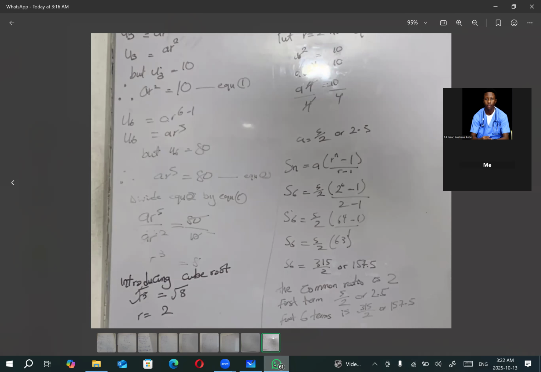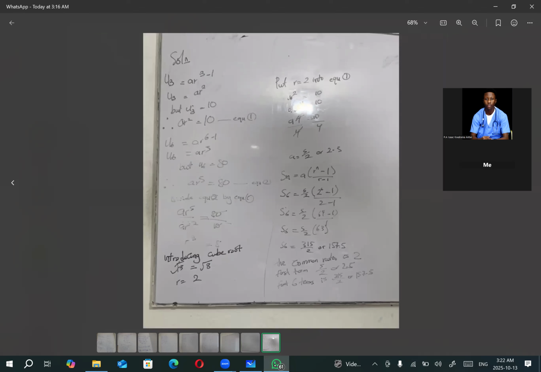Okay, so S6 equals 5 over 2 bracket 2 exponent 6 minus 1. All right, 64. Okay, right. Yeah, so those portions I corrected you. You have to fix it. Above all, if you fix that, then it makes it right.